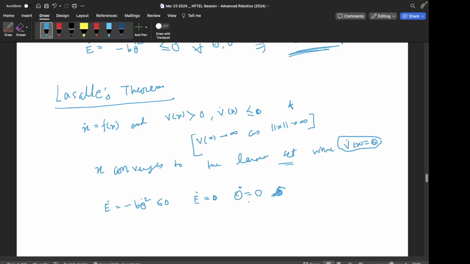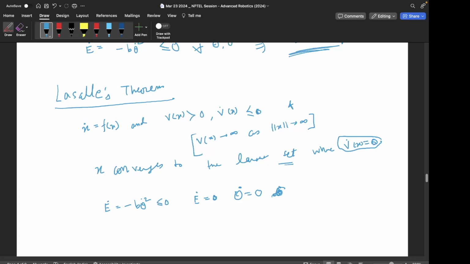I think there might be some confusion here because Lasalle's theorem is slightly not very straightforward. So the point to keep in mind is that the Lasalle theorem will be invoked whenever we want to comment on asymptotic stability of a system and the E dot or V dot comes out to be negative semi-definite.